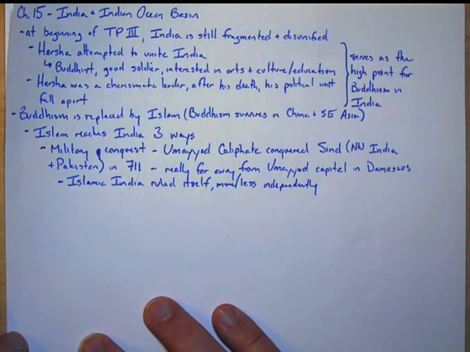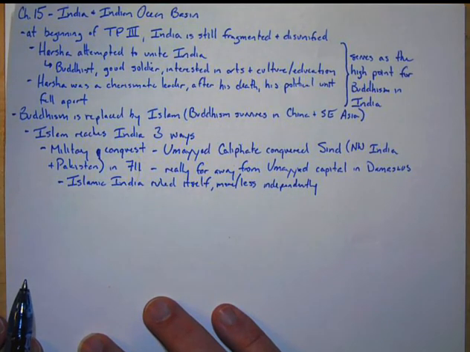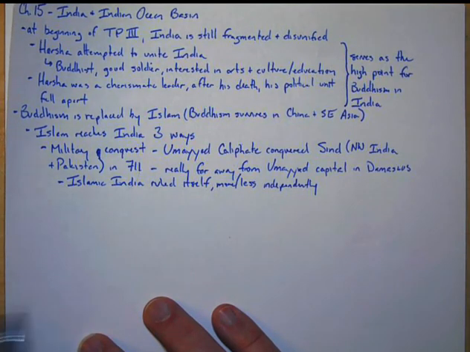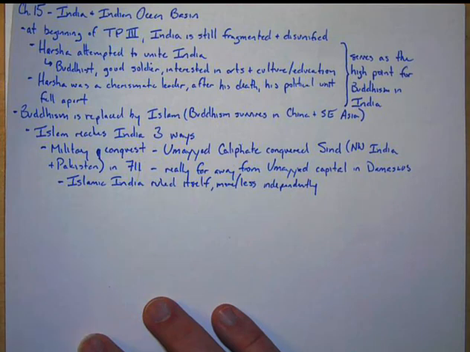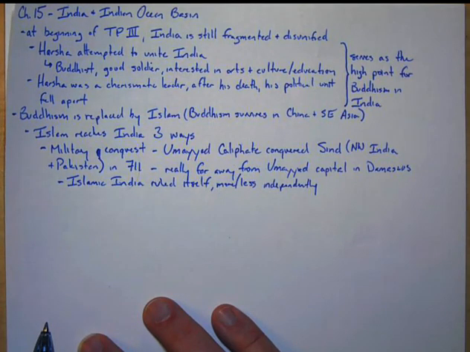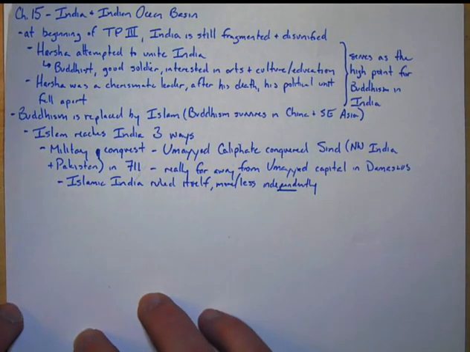It's just so far away from the people who make orders that they're basically doing their own thing. Technically, they are still part of the Islamic world up until the Abbasid Caliphate collapses in 1258. But they're so far away from the center of the Islamic world that they're basically doing their own thing. So that's something we want to keep in mind when we think about Islamic India.